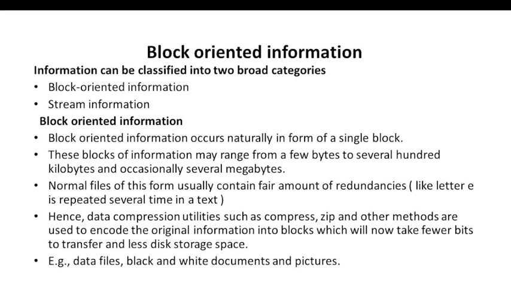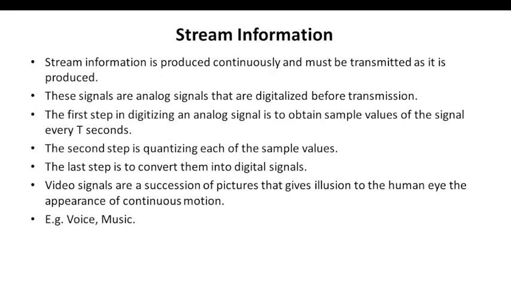That can be classified into two types: block oriented information and stream oriented information. Block oriented information occurs naturally in the form of a single block, but stream information is produced continuously and must be transmitted as it is produced.